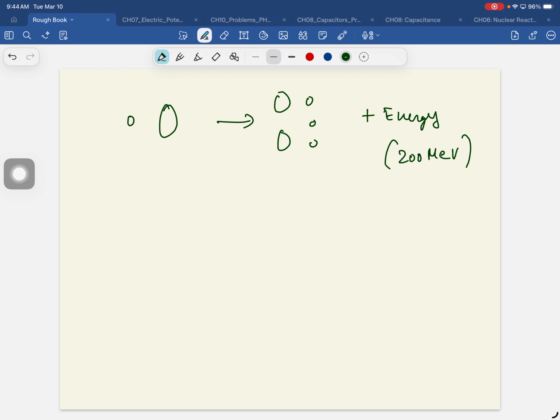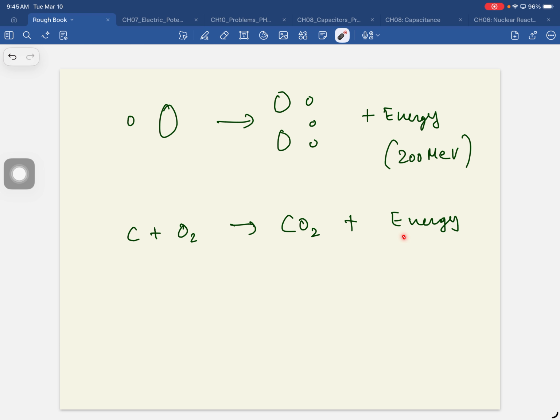When you burn one carbon atom, you get energy. What does this mean? That the carbon dioxide weighs less than the ingredients. Except that the energy you get is 4 eV. So this one is 50 million times greater than this one.